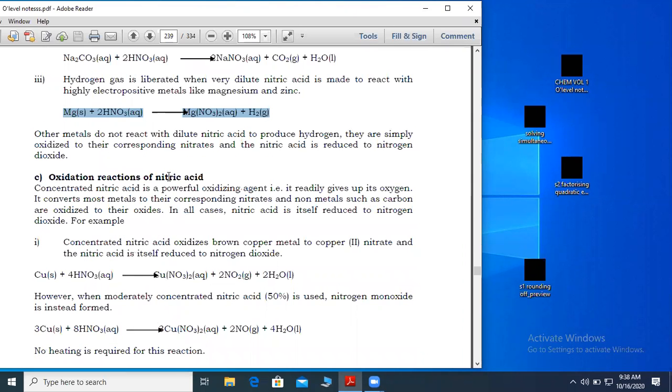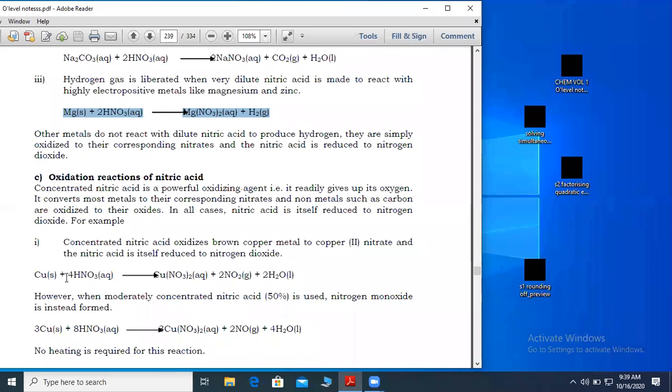Oxidation reactions of nitric acid. Please, these are very important. We saw this in our first lesson, when we were looking at how nitrogen monoxide is formed and how nitrogen dioxide is formed.